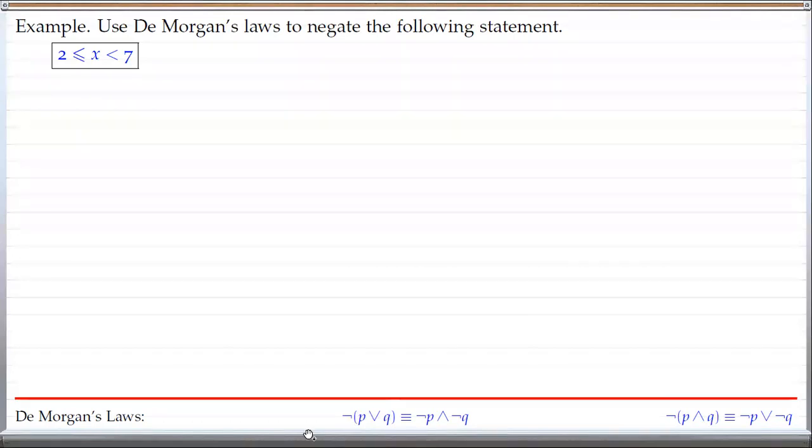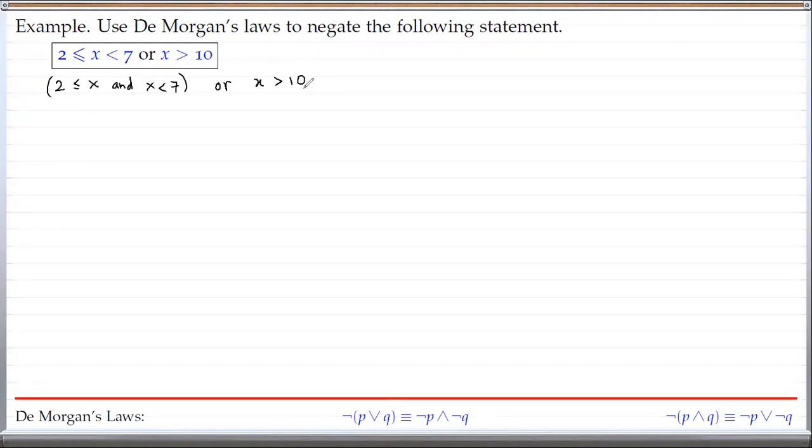We have another example here. Let's divide the first part into two parts. We have 2 less than or equal to X and X less than 7. So we have this as one part, and then we have or X greater than 10. So we have three statements here.